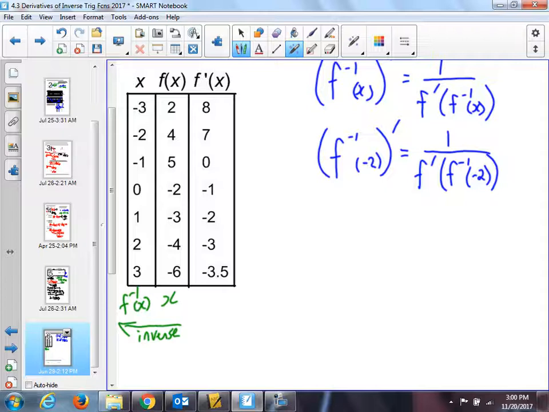Now, we are asked for what's the inverse when negative 2 is plugged into it. And what would you guys tell me? It's the inverse of 0. That's the direction I'm reading this, right? So, I'm saying when I start at negative 2, put it into the inverse, I get 0 out of this, right?